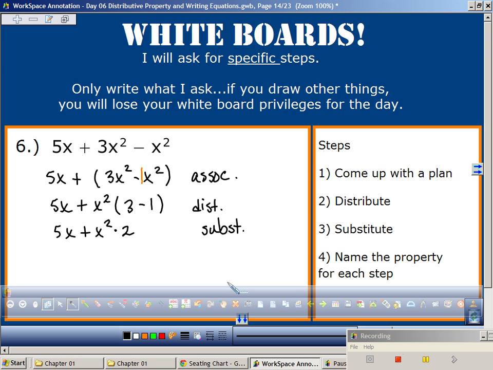Substitution. Good. And what's my final step? Do I normally write things like this? How would I write it? I wouldn't say x squared 2 times. I would say 2x squared. What property is that? Alex, what property is that?